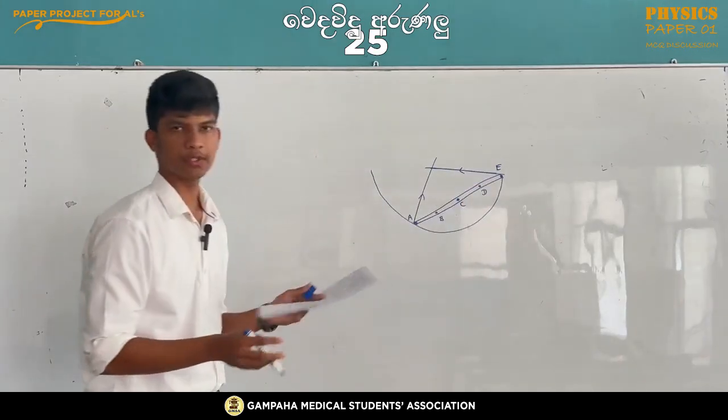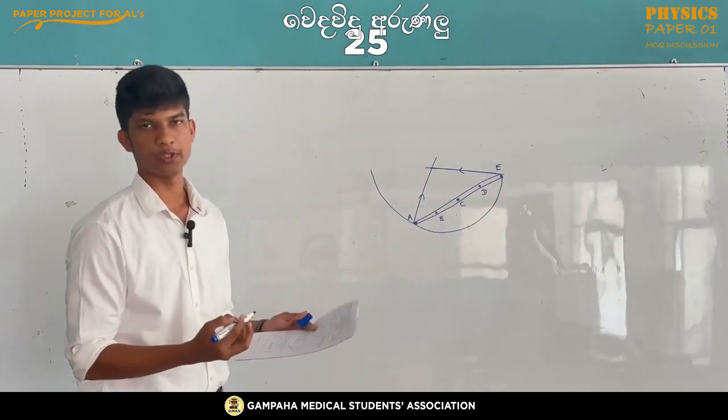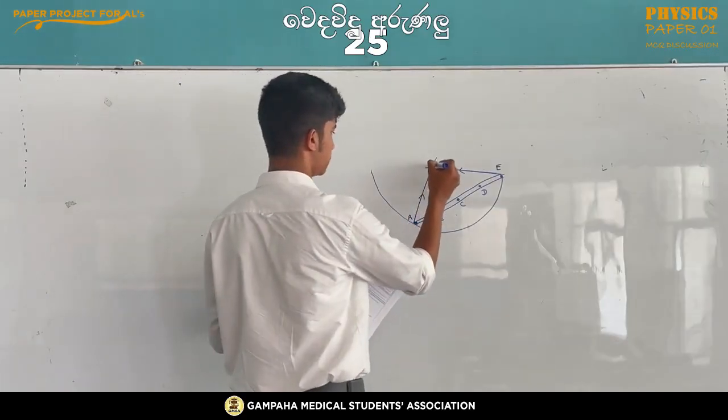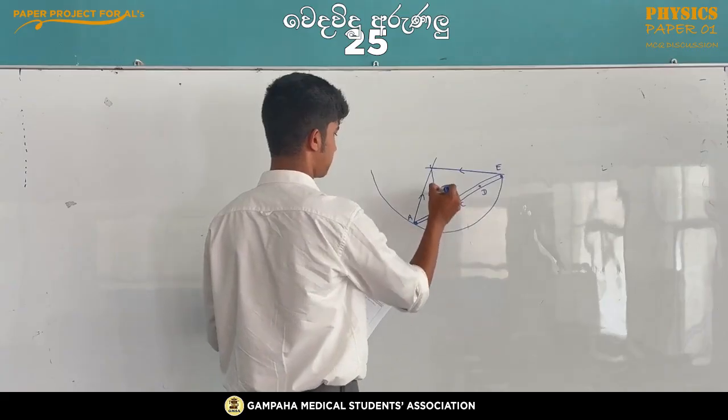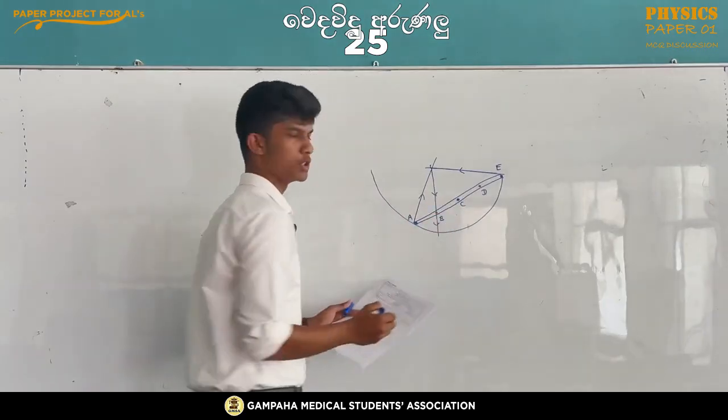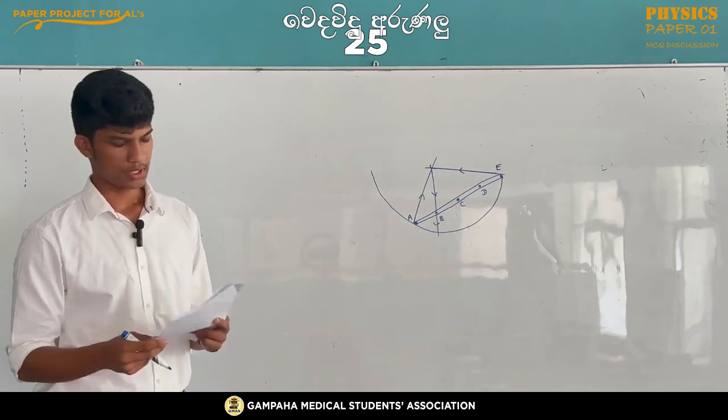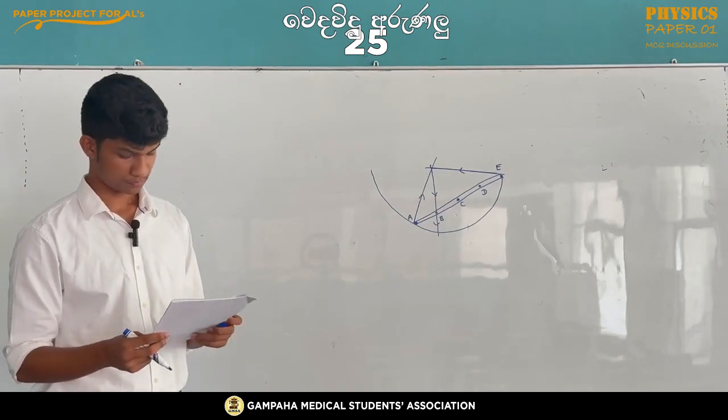Using these two vectors, you can find that the weight passes through the point B. Therefore, the center of gravity is at B. Then the correct answer is the second answer.